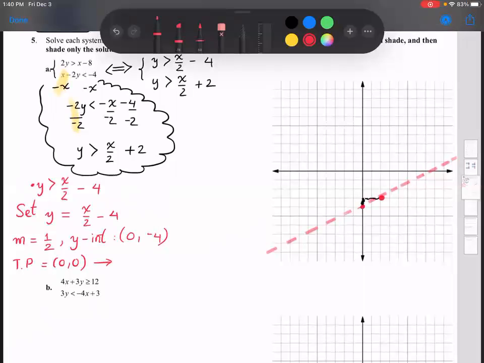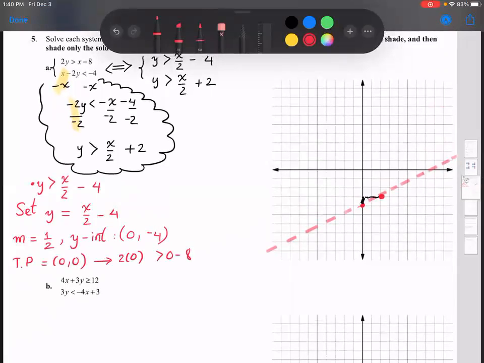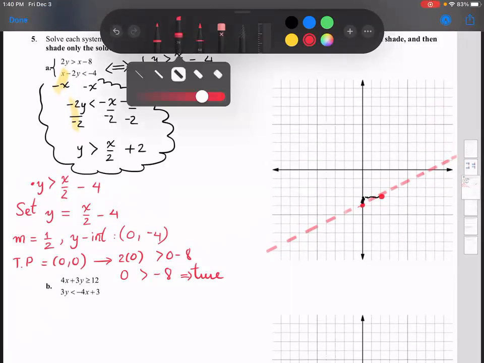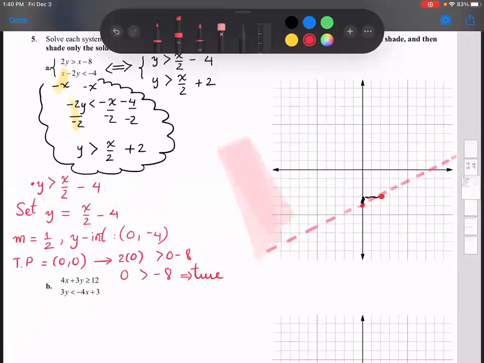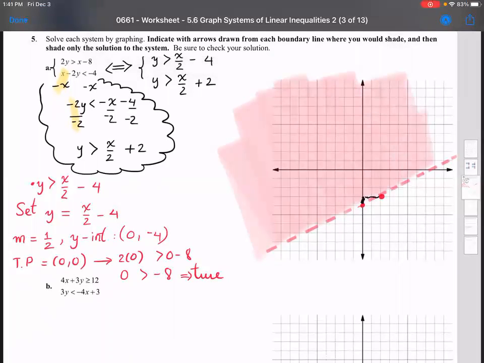So I'm going to plug into the top one: 2 times 0 greater than 0 minus 8, which is 0 greater than negative 8. True or false? True. What does that mean? You shade that area. That's the solution for the first line.